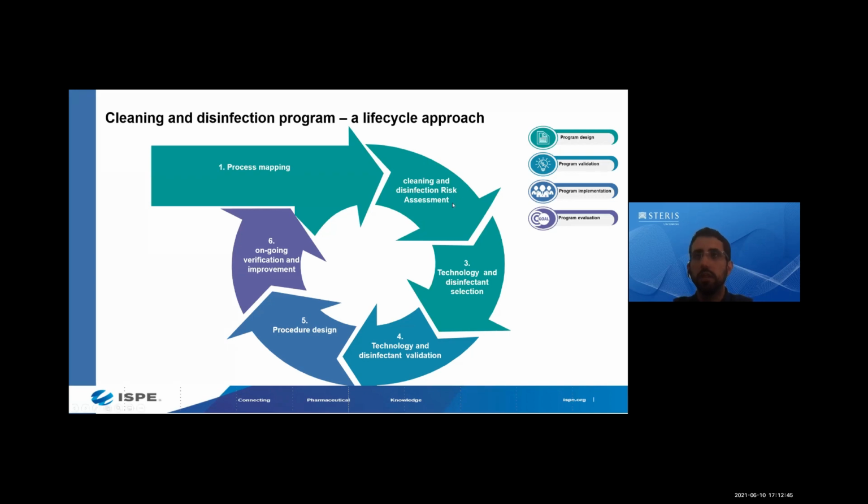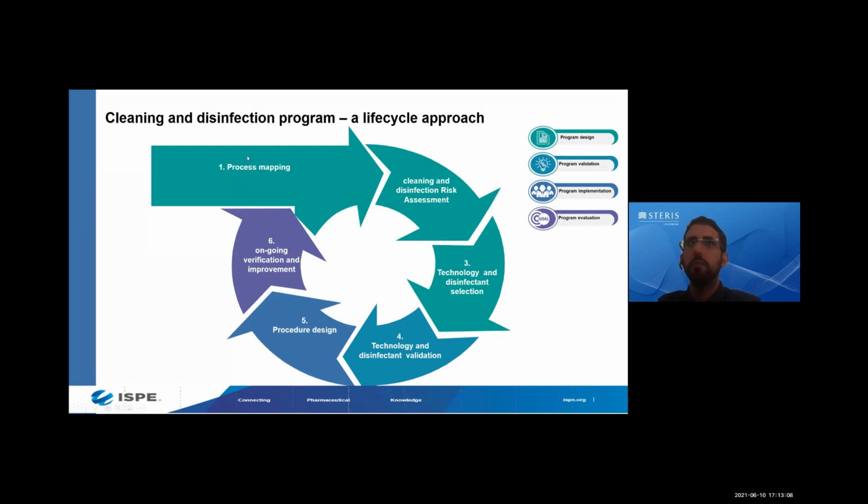And then also how to validate your disinfecting agent and how to design your procedure. And again, Richard will present a case study, and through your historical environmental monitoring data, see how this cleaning and disinfection procedure can be improved.